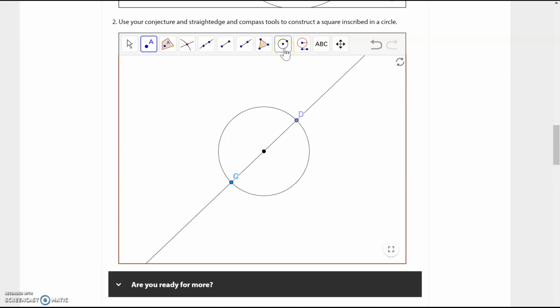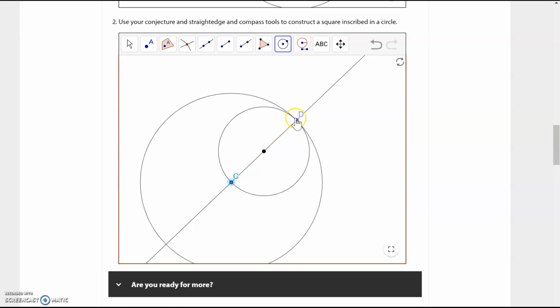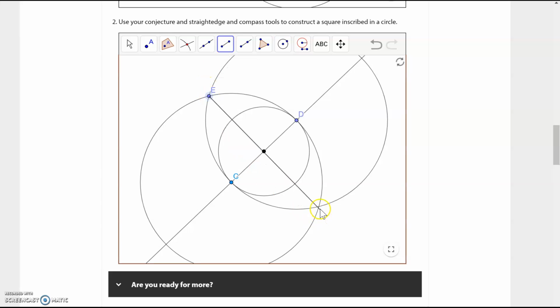And in order to do that, I draw first a circle centered at C with radius CD, a circle centered at D with radius DC, so these two big circles are congruent. Now, if I draw a segment connecting where these circles intersect each other, I found the other vertices of my square.